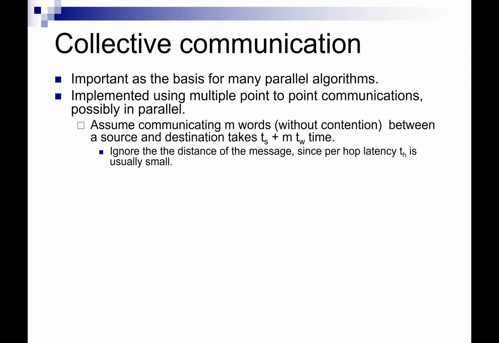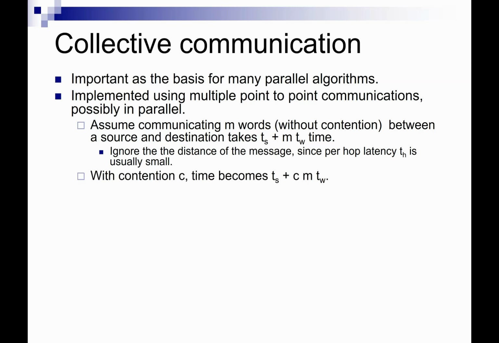Now notice that in this cost, we're ignoring the distance that the message travels. Even though for each hop the message goes through we do have to pay a latency cost of, let's say, th, this value th is usually small compared to the ts and the m times tw terms, so we're going to ignore the th terms.